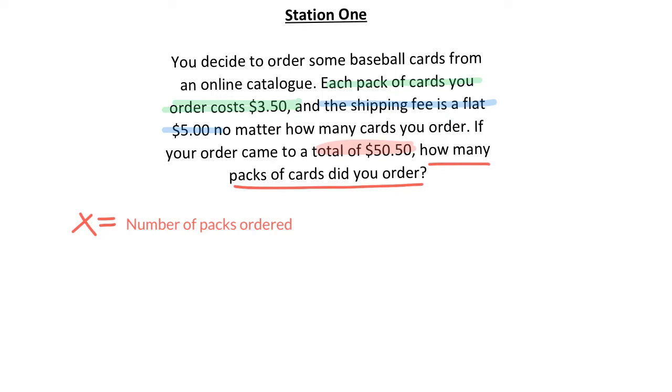So what that tells me is that I am going to take my $3.50 and use that as a coefficient or a multiplier on X. So however many packs of cards that I ordered, we're going to multiply that by $3.50. And I'm going to add onto that blue highlighted part, the $5 shipping fee.